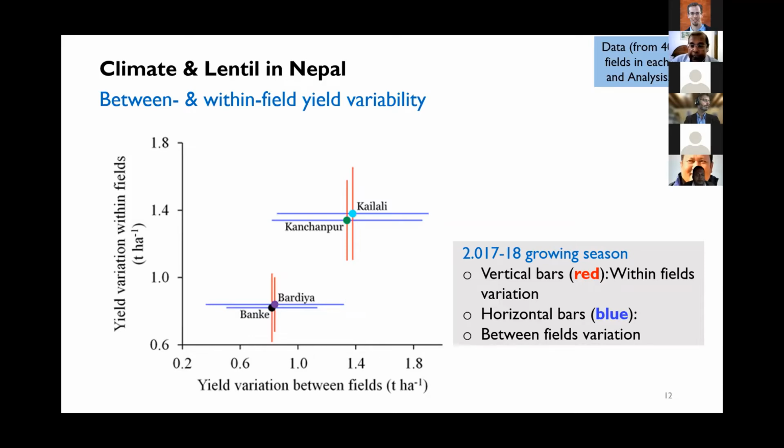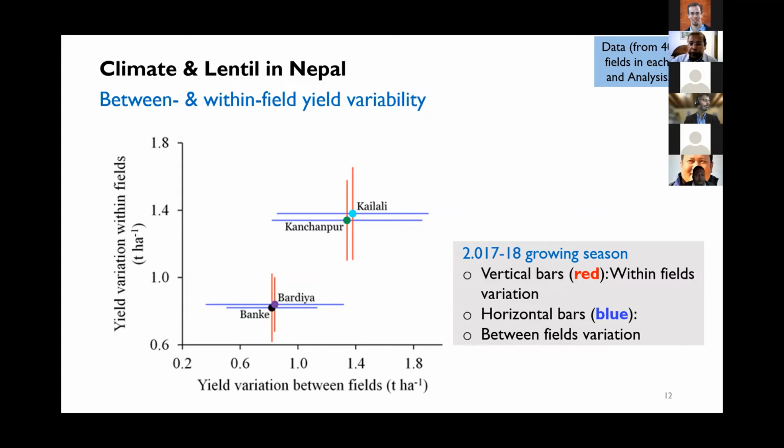One is the location or district level yield variation that is triggered by climate, and also the yield variation within the district. Probably that will be triggered by soil or edaphic condition and rainfall variability within the season between the locations within the district.